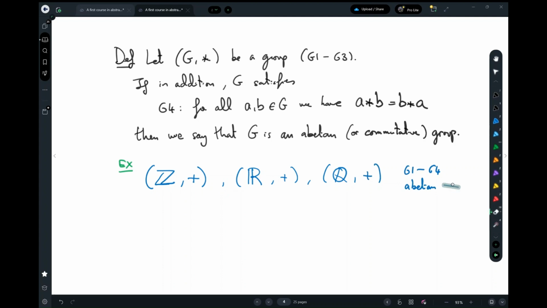These are abelian groups. Similarly, if n is fixed, Z modulo nZ under addition is also an abelian group.